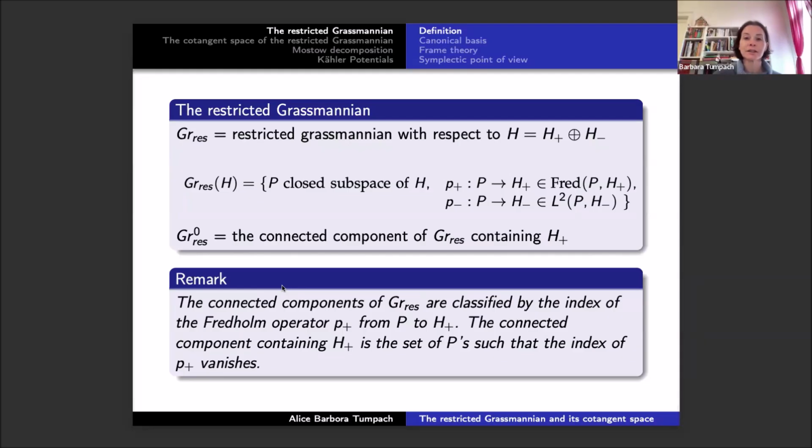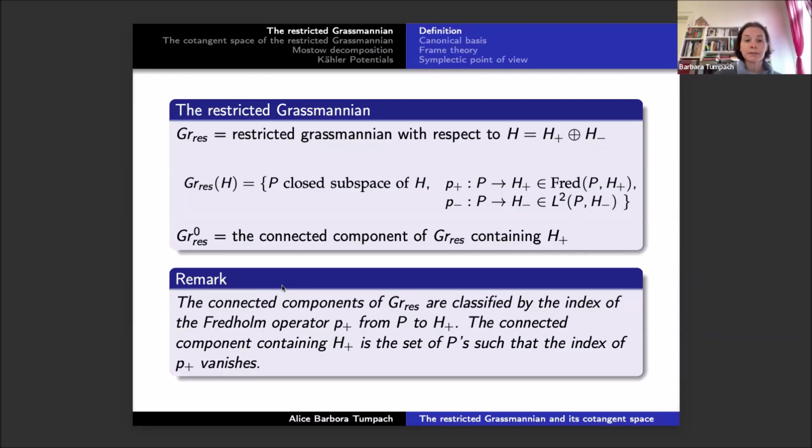So the orthogonal projection P plus from this closed subspace P onto H plus is supposed to be Fredholm, and the projection P minus from this closed subspace P onto H minus is supposed to be Hilbert-Schmidt.